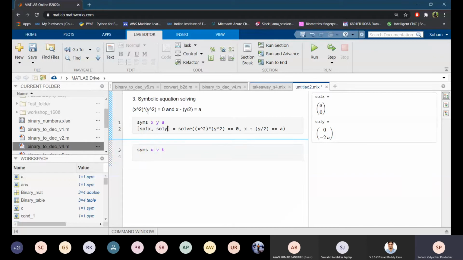But what if I have 10 or 15 equations? In these square brackets I'd have to go on specifying sol 1, sol 2, sol 3, sol 4 up to sol 15. Since it is cumbersome to write that, we'll proceed by writing this S, or structure. This is my own variable. S is equal to solve.